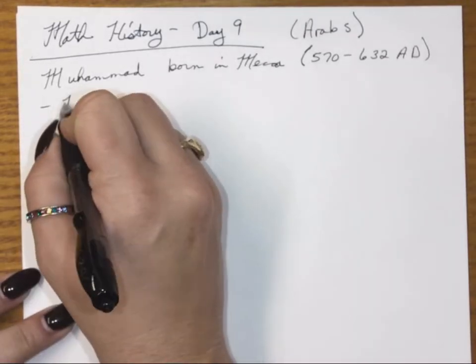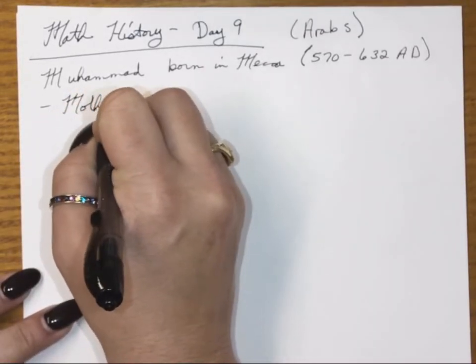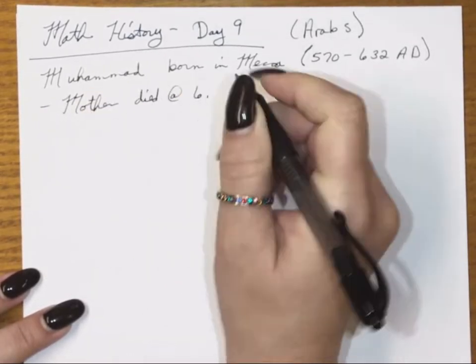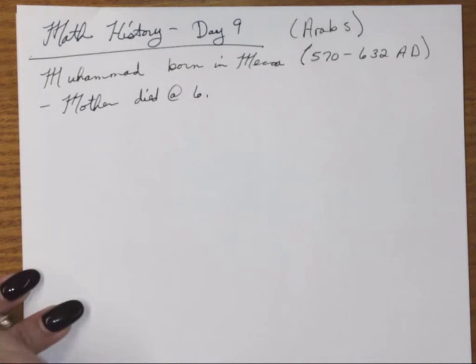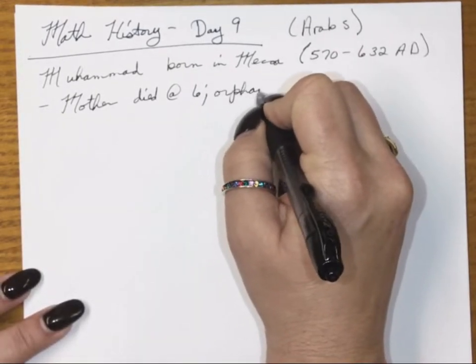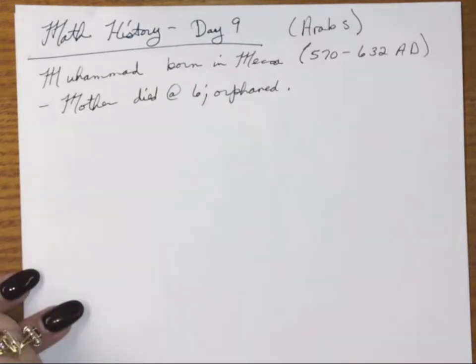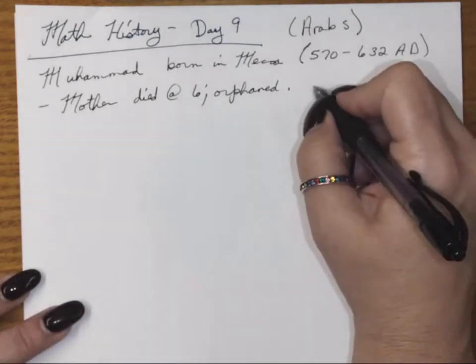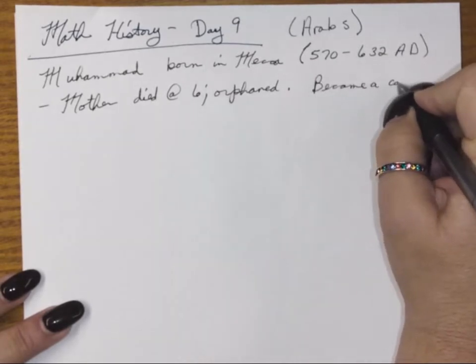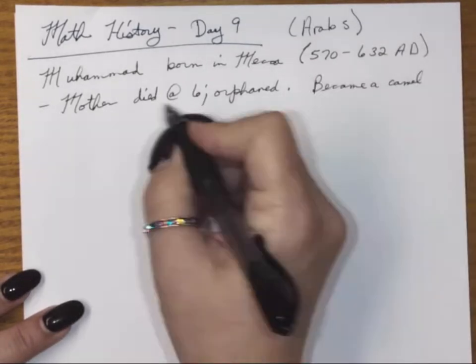Okay, he was born into a trading family. Unfortunately for him, his mother died at the age of 6. Well, or maybe fortunately. So his mother died very young, and he was orphaned. And so at a very, very young age, he became a camel driver, because he had to support himself, had to work.